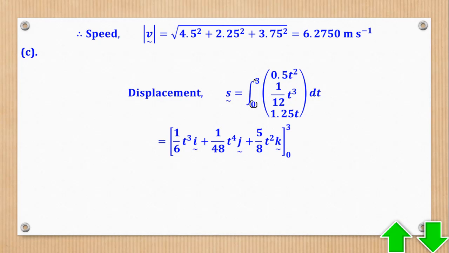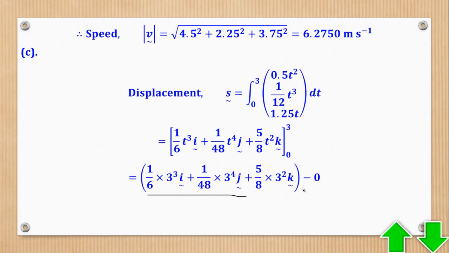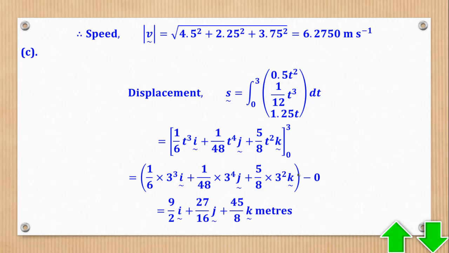From 0 up to 3, because they said after 3 seconds. So when I integrate, I'll come up with this, and I substitute limits, upper limit to give you this, then lower limit is 0. Simplify to get the velocity, which is the displacement. If they had asked for distance, we would get the magnitude, but they only asked for displacement, meaning you can stop there.